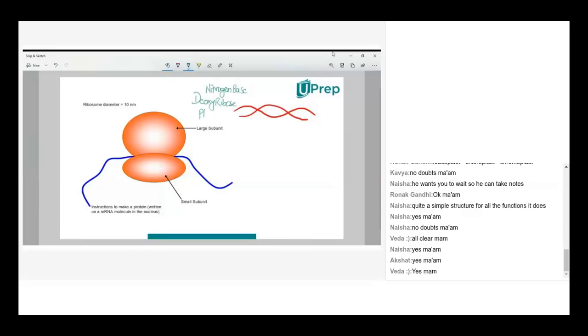So that's all that makes the DNA, deoxyribose nucleic acid. These are the three components.